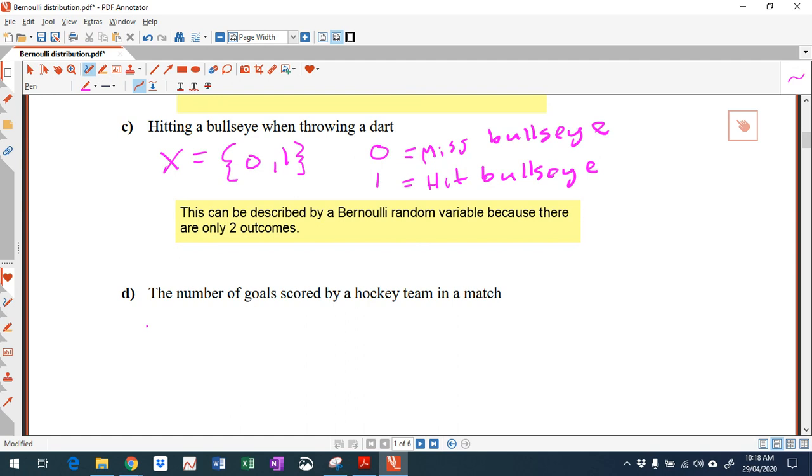Okay. Now, what about the number of goals scored in a hockey match? Well, what could X be? You might not score any goals. You might score 1 goal, 2 goals, 3 goals, 4 goals.